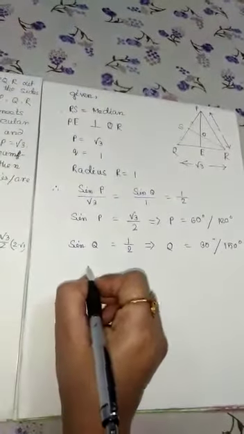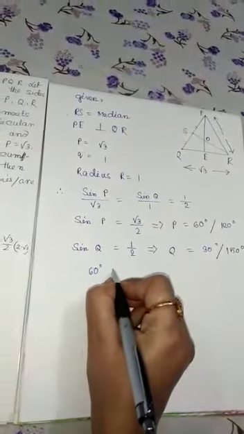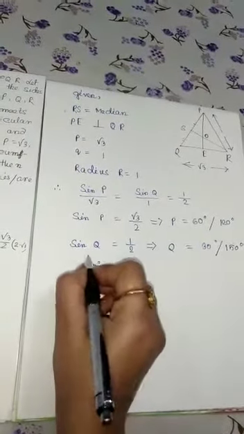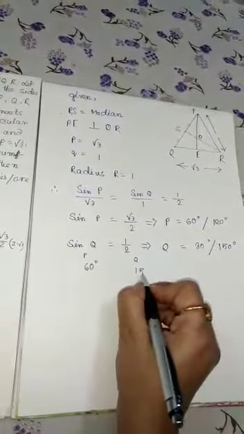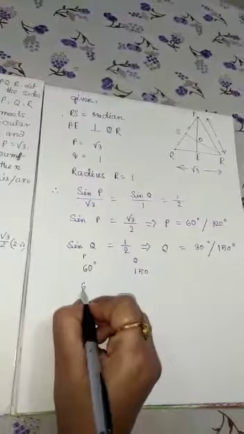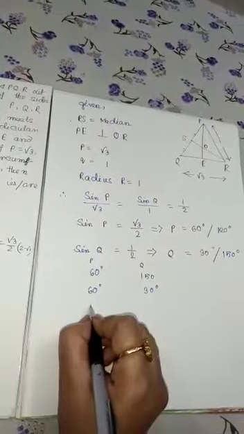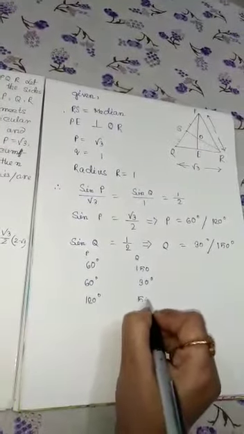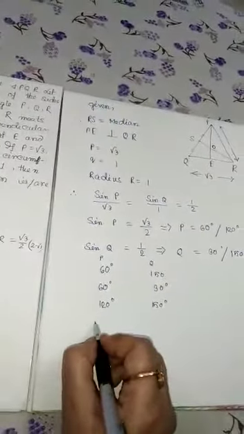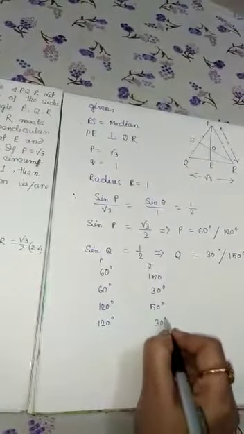Here multiple combinations arise: P is 60 degrees or 120 degrees, and Q is 30 degrees or 150 degrees.